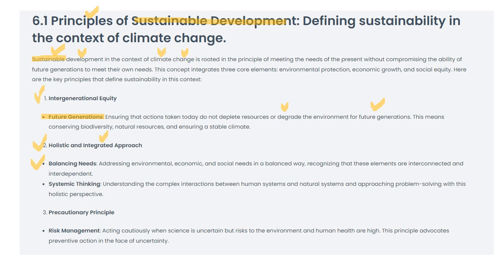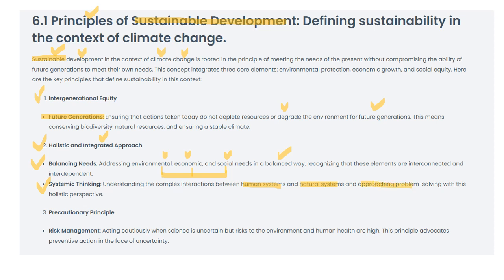So there are environmental, economic and social needs, and they should be addressed in a balanced way. And you have to recognize that all these three are not independent, but interconnected. There should be systematic thinking for understanding the complex interaction between the human system and the natural system.